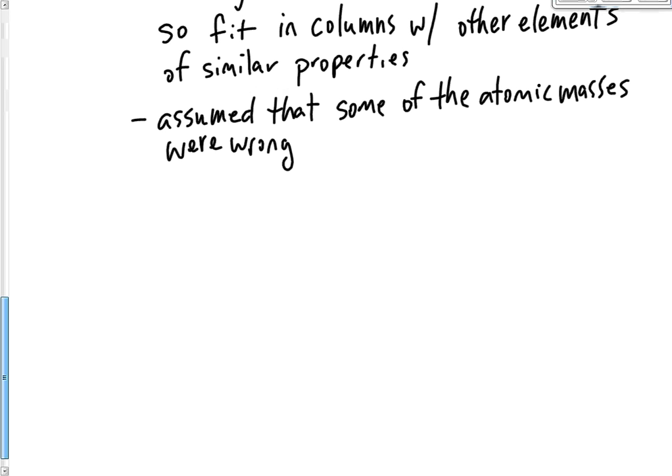We don't have all that great technology to really decide if that's 100% accurate or not. So we're going to put them in columns based on their properties, and just kind of forget about the fact that their atomic masses are what they are.